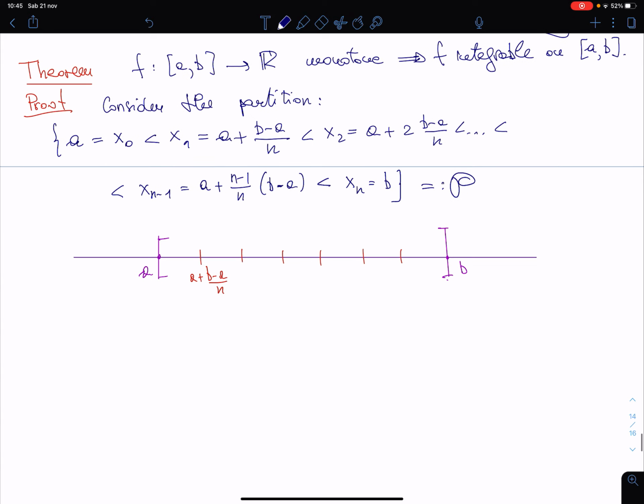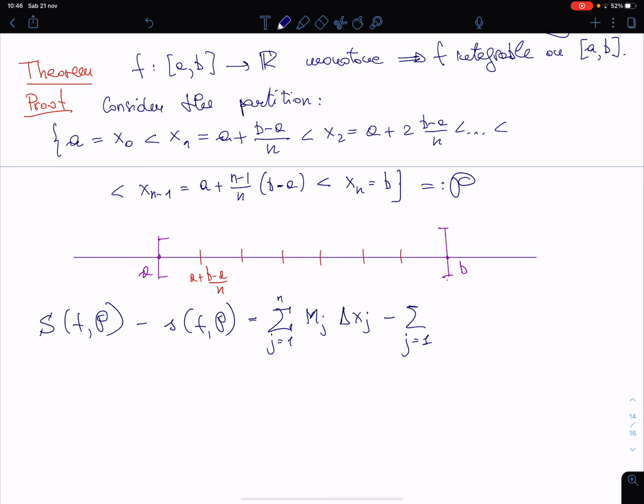And compute the difference between the upper sum S f P minus the lower sum s f P, and this is of course the sum for j from 1 to n of Mj delta xj minus the sum j from 1 to n of small mj delta xj.